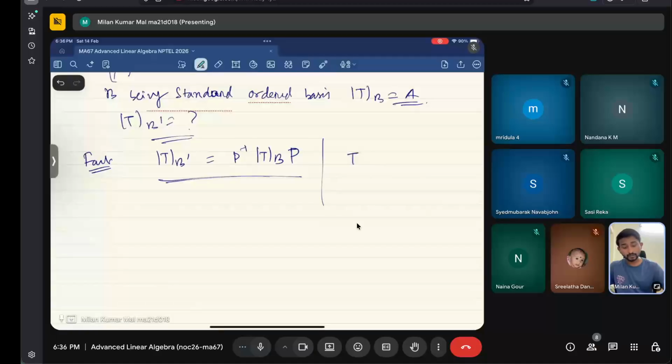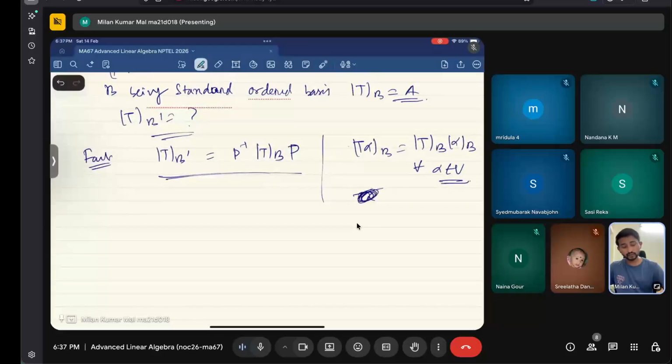The matrix representation of a linear operator with respect to any basis B or B dash is the matrix of T alpha with respect to B, for all alpha belonging to the vector space. This is true for any ordered basis B.